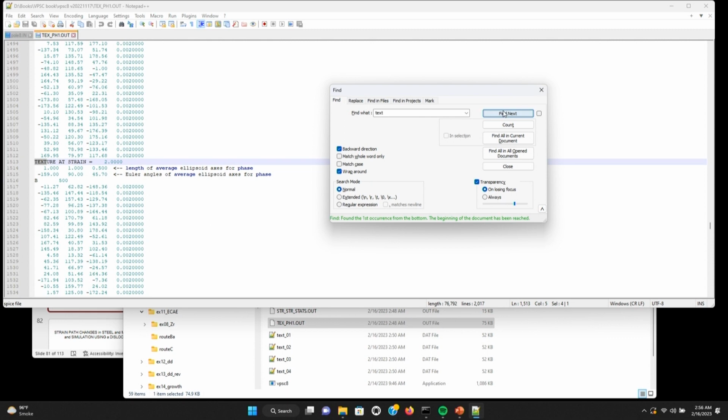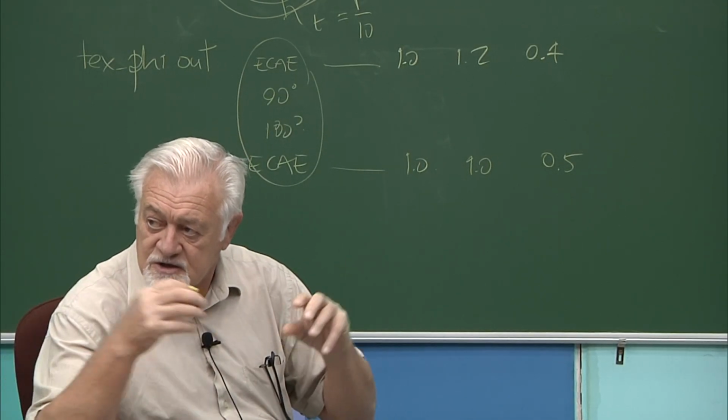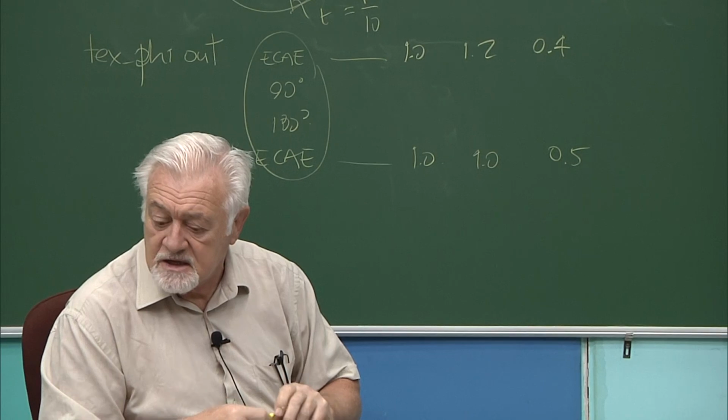As you can see, the length of the average ellipsoid axis for the second pass is 1, 1, and 0.5. So it hasn't really gone back to being a sphere, but it has reduced the ellipticity of the ellipsoid.